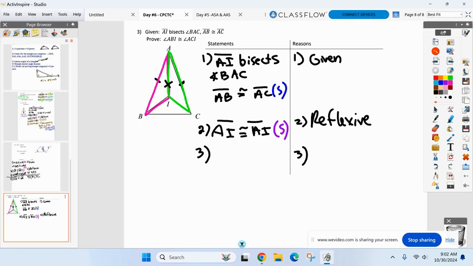Those are line segments. We're looking for angles. Do you see where BAC is? Angle BAC. Do you see where that is? Should I do BAI? I heard angle BAI. And what's the other angle?